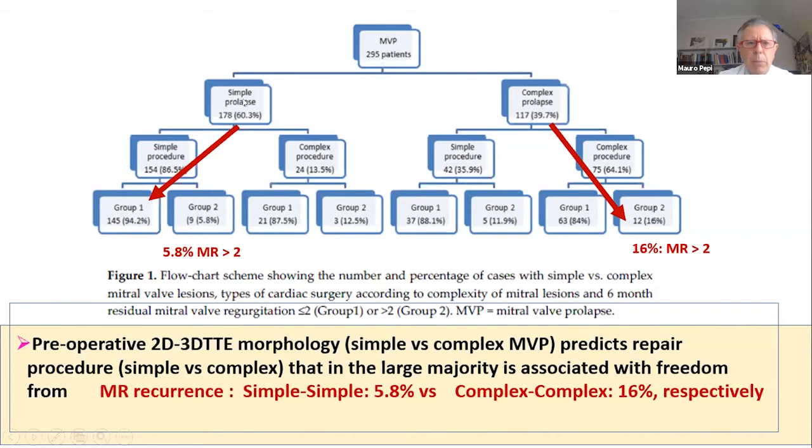Please note, simple prolapse, simple procedure, and in the long run, also at 3 years, we have 5% of cases who had significant MR. While in complex prolapse, complex procedure, even though the patients are a minority, we had 16% of mitral regurgitation.